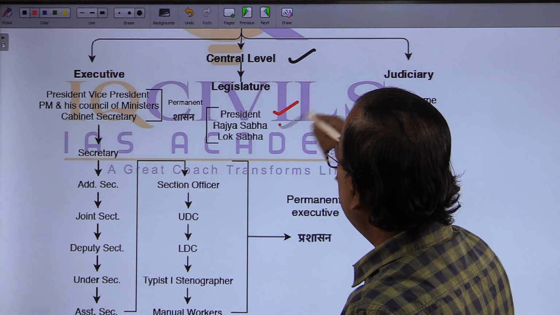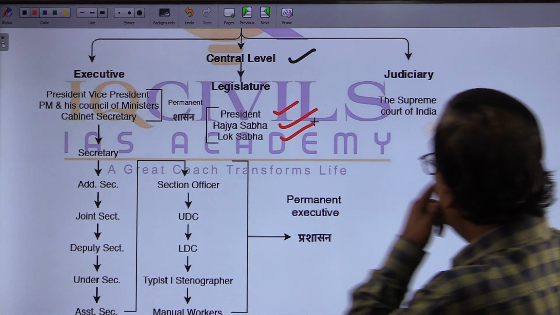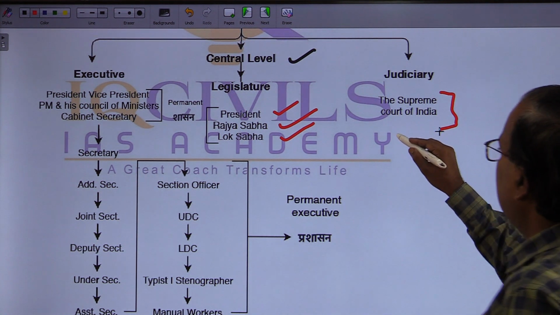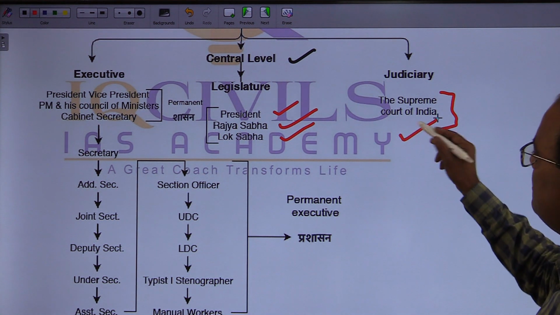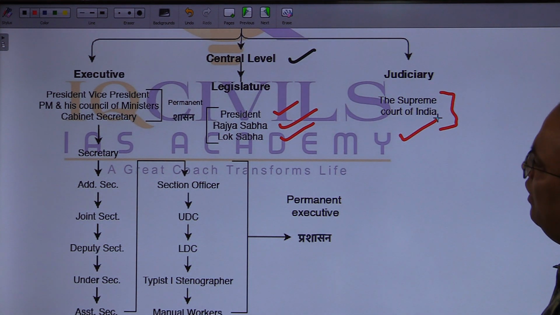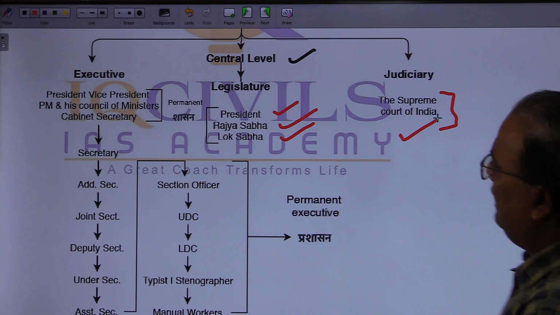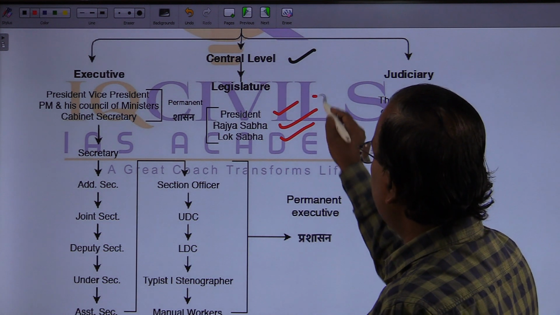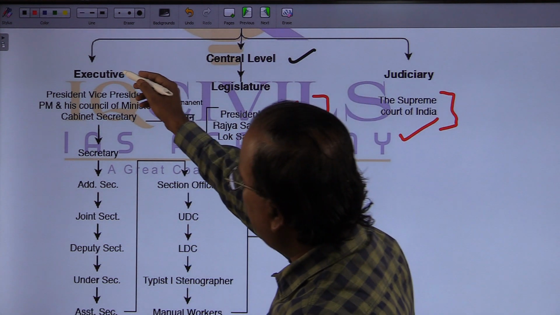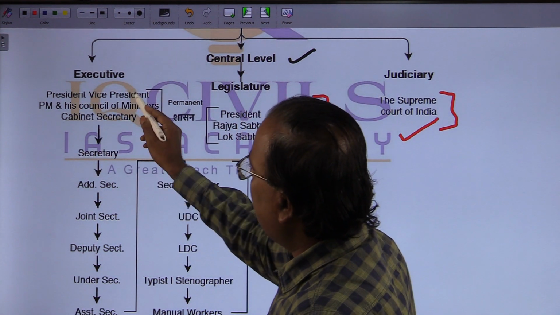President, Rajya Sabha and Lok Sabha. Judiciary, that is the Supreme Court, as I told you earlier, pronounces the decision in accordance with the Constitution of India or law enacted by the Parliament of India or the state legislature. And the most important part of the legislature is to enact law.